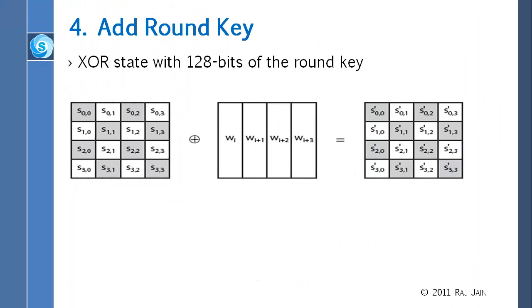The third or fourth step is add round key, and that's straightforward. You take your state, you take your key, which itself is 128 bit, so that's very straightforward. With 192 it's a little bit complicated, but for 128 bit you have 4 by 4 here and 4 by 4 here. Just take bit by bit exclusive OR.